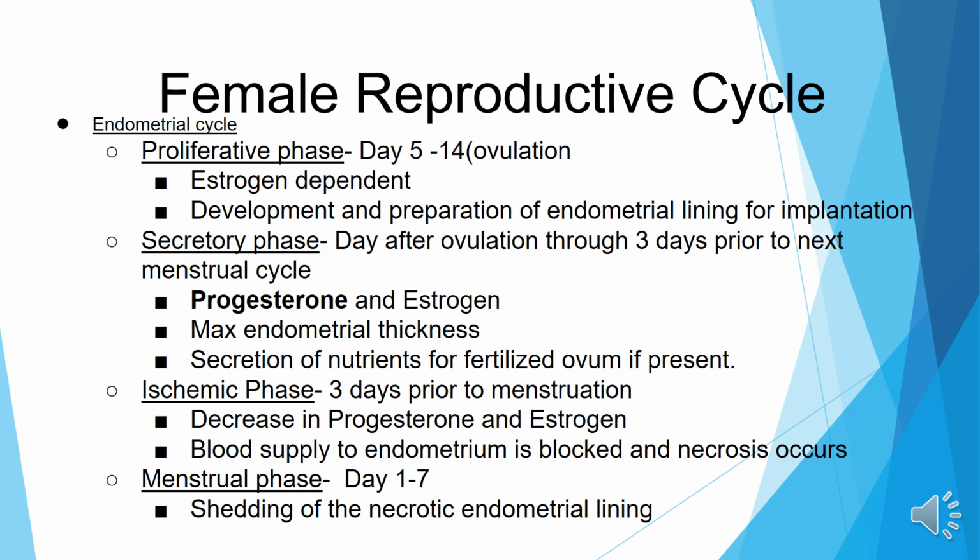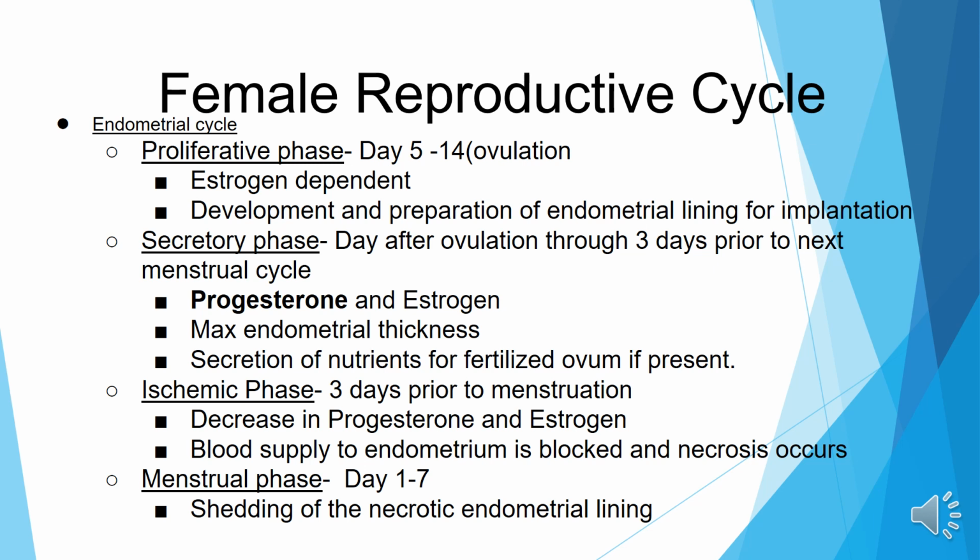So now on the flip side of things, the endometrial cycle. It's hard to start from the beginning, but I wanted you to see how they coincide with the different phases of the ovarian cycle. So I started with the proliferative phase because that's day 5 to 14, and it's around when ovulation happens.